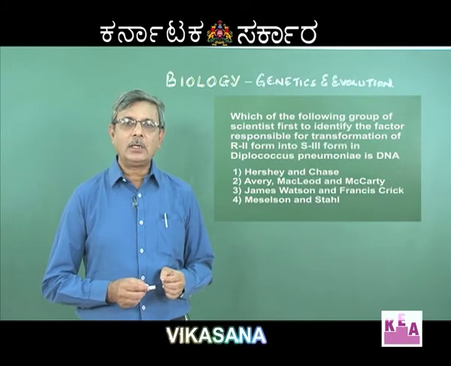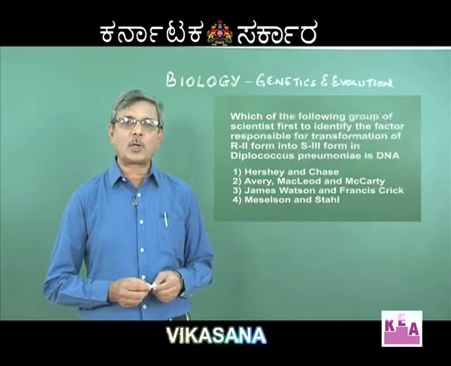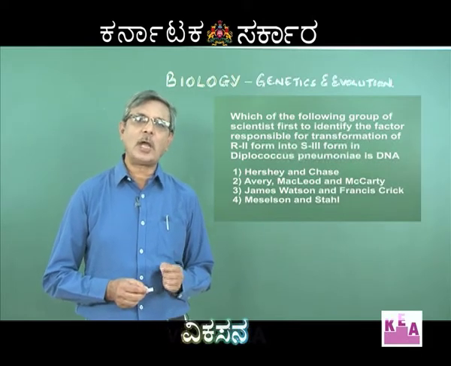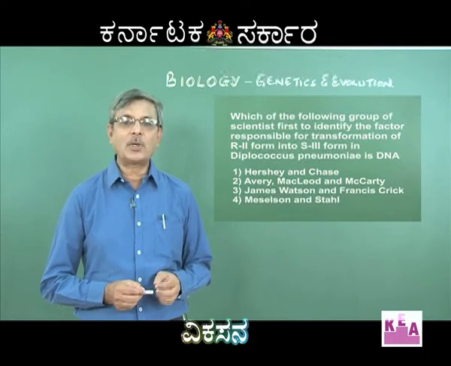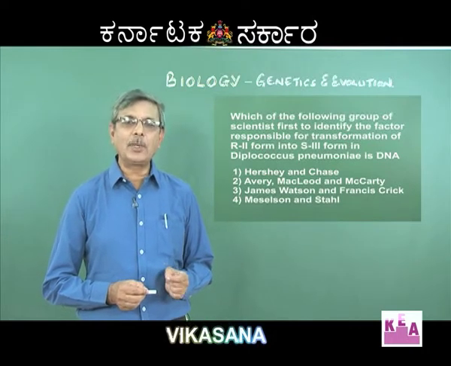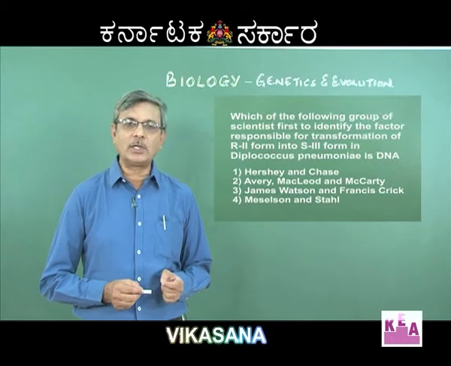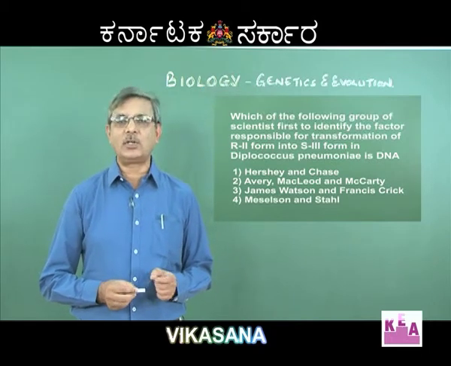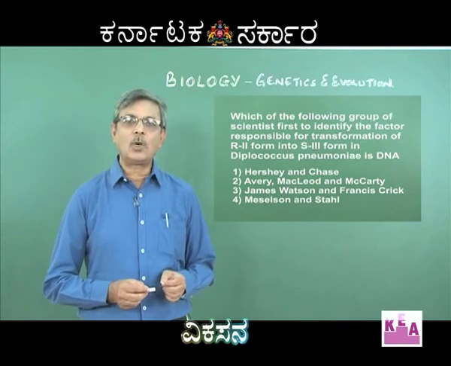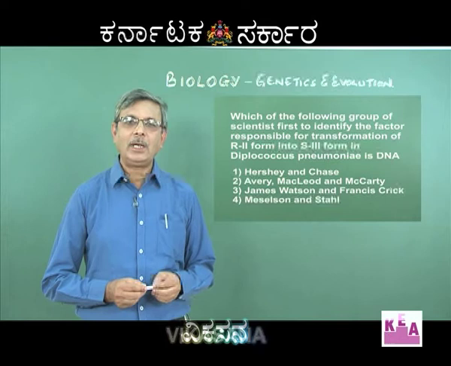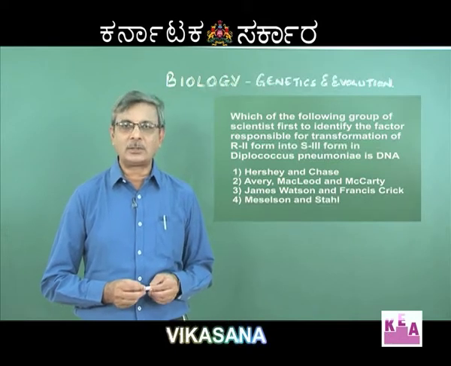The only problem with Griffith's experiment was that the transformation happened in the body of mice. Thereby he did not know what chemical was responsible for converting the R2 form into S3 form. Later, the same experiment was repeated by Avery, McCarthy and MacLeod.